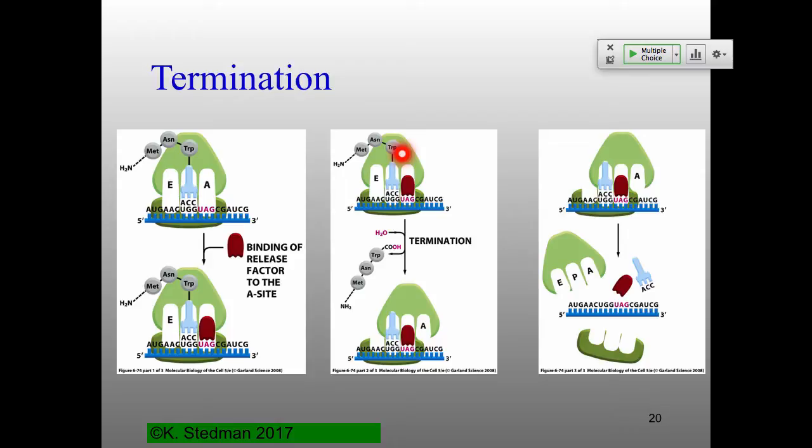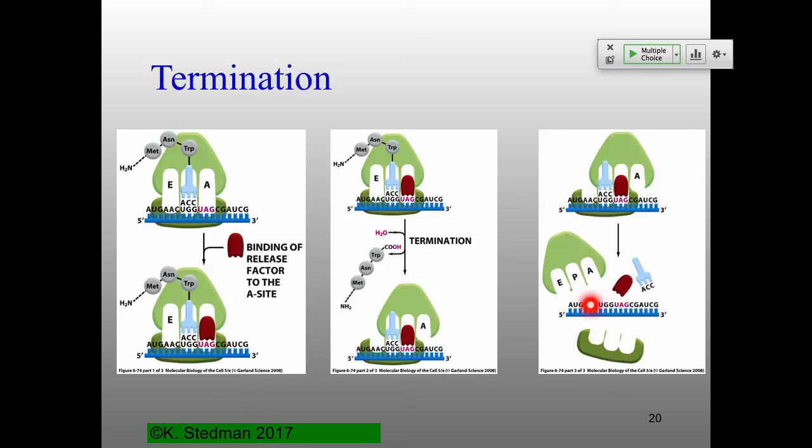That forms a peptide bond to water, and you now have a carboxy terminus and a released protein. Once your amino acid chain is no longer bound to your tRNA, it comes out of the ribosome very rapidly, gets folded up, becomes a protein, and does its own thing.